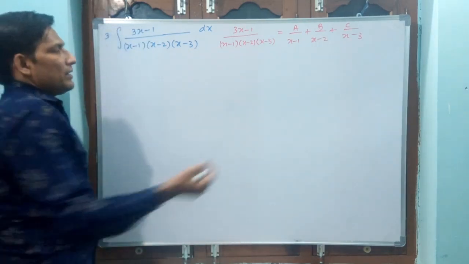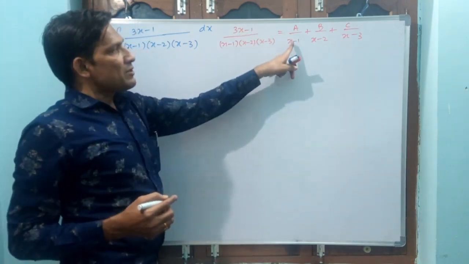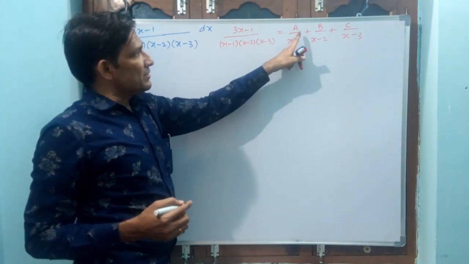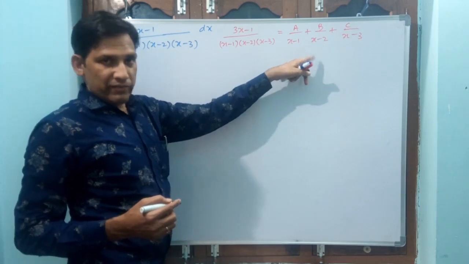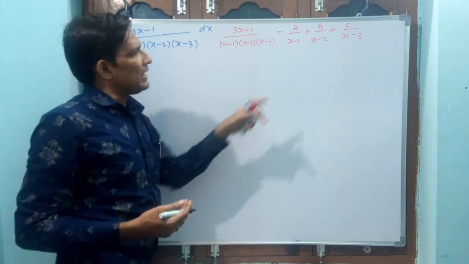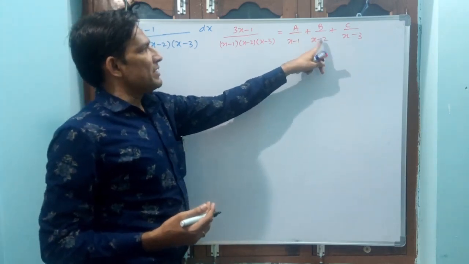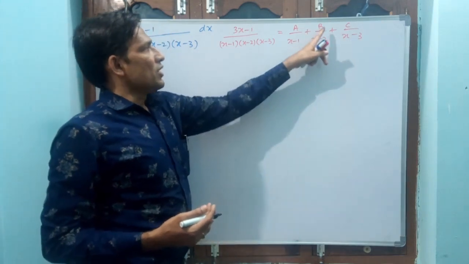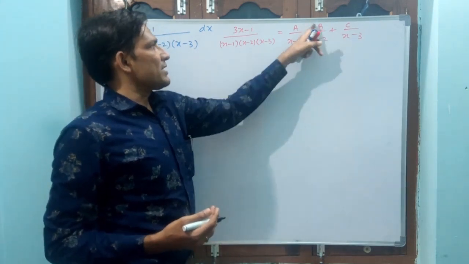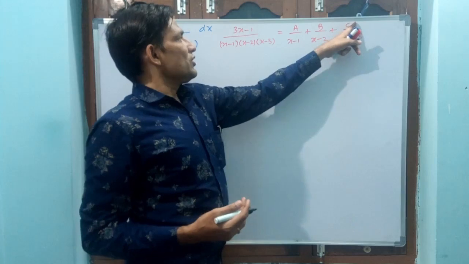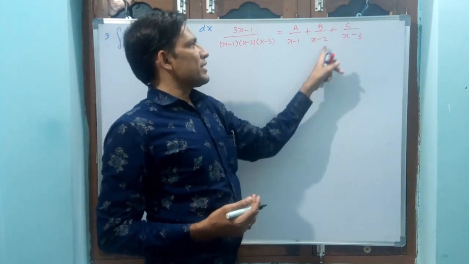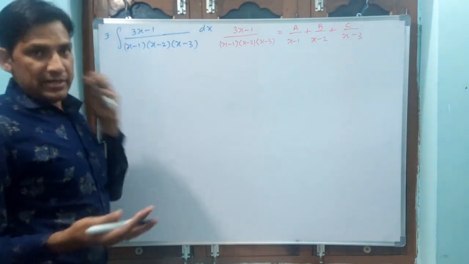Take this, you see a is having only denominator x minus 1. That means while doing cross multiplication or LCM and all, a should be multiplied with x minus 2 into x minus 3, b should be multiplied with x minus 1 into x minus 3, c should be multiplied with x minus 1 and x minus 2. This you know very well, I did not tell you.